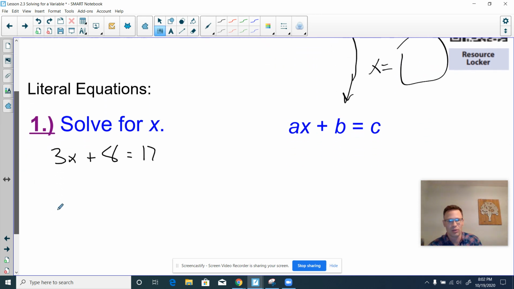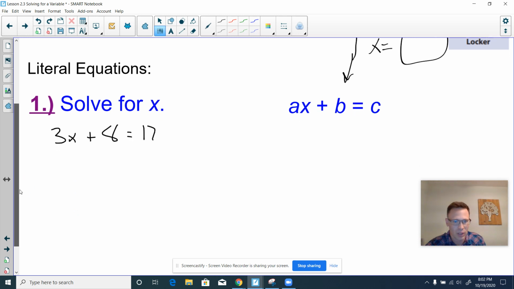So here's what we're going to look at first. If I look at this equation on the left and this equation on the right, I hope that you see that there's a connection here. So for instance, A could be the 3, the x is the x, 8 is b, 17 is c, right? So I'm going to model how we'd solve this equation. That's something we learned at the beginning of the year.